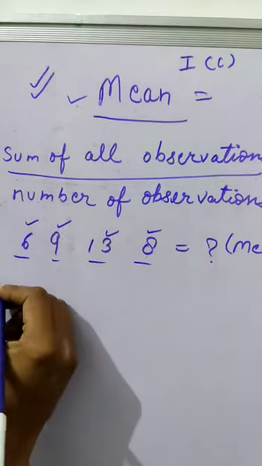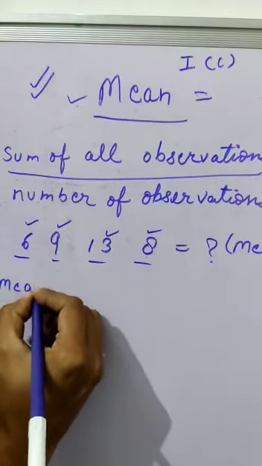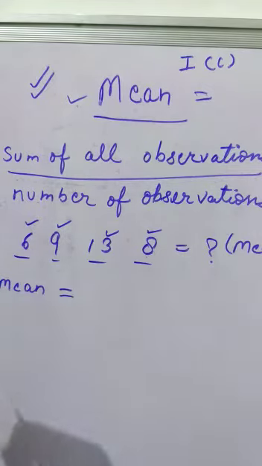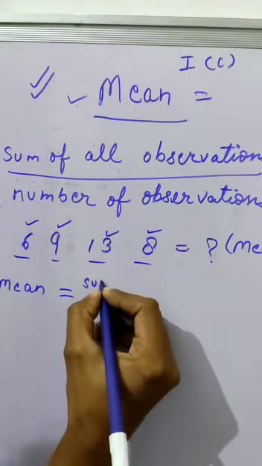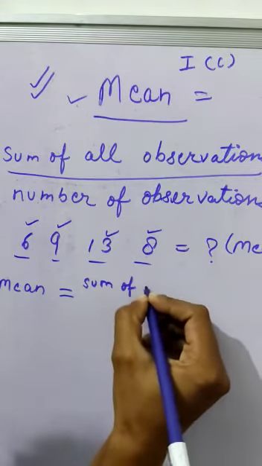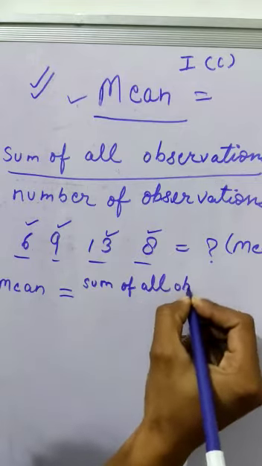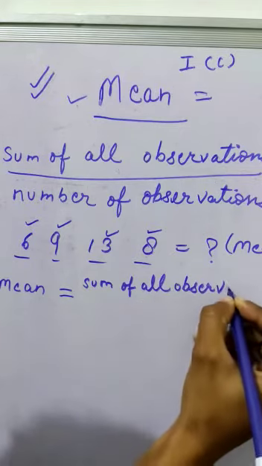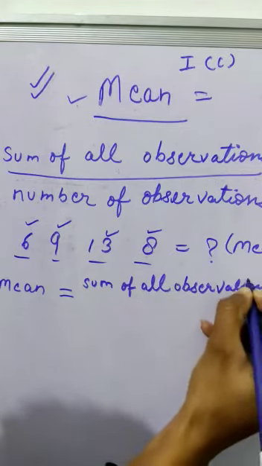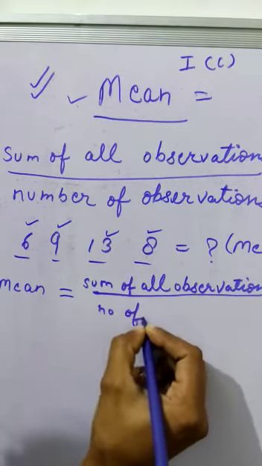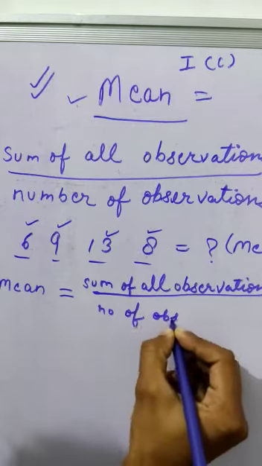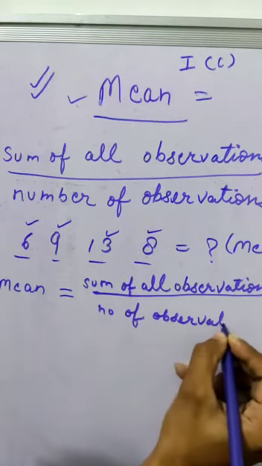Now what is the formula to find the mean? When you solve the question, in each and every question you have to write this formula. Mean is equal to sum of all observations divided by number of observations.